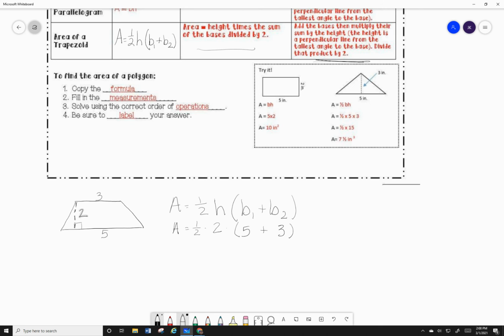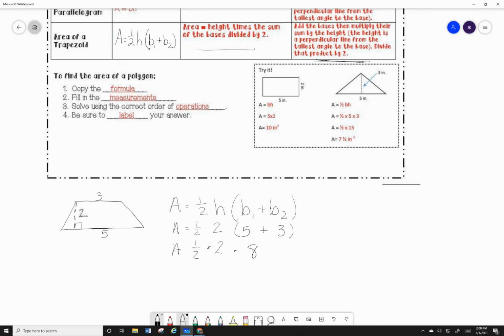I solve anything in parentheses first. So in this case, I have 5 plus 3, which is 8. And I'm going to multiply that times my height times 1/2. And just like with every other formula, I just keep solving one part and dropping everything else down to keep my work organized.